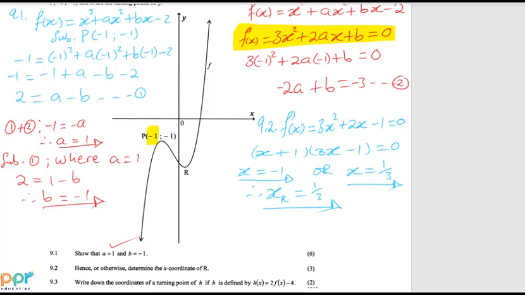So h(x) is equal to 2 times y minus 4. The coordinates we have up here are minus 1 and minus 1. So for y, I multiply by 2 and then subtract 4. First I must multiply that minus 1 of y by 2, then subtract 4.